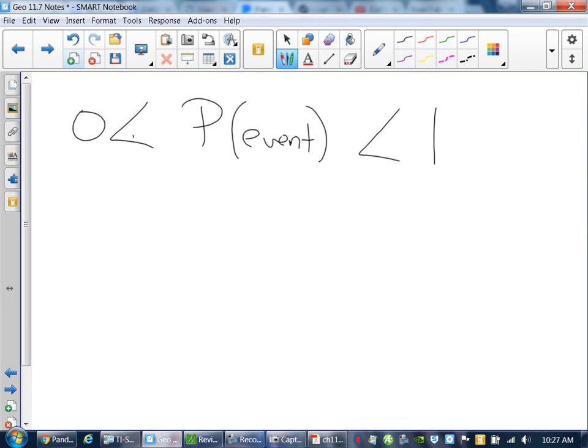You'll never have a probability that's greater than 1. You'll never have a probability that's less than 0. If your probability of some event equals 1, then it means it's a certainty, it's going to happen.